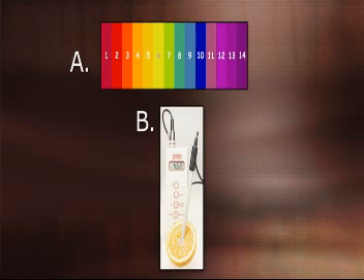Image B is a pH meter. It is an electronic device that directly measures the pH of a solution, similar to how a thermometer measures temperature.